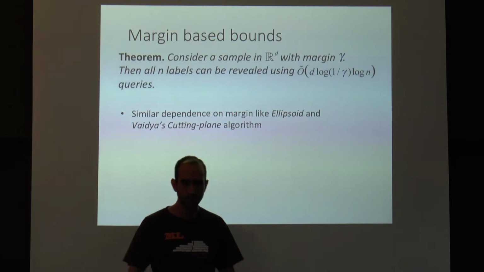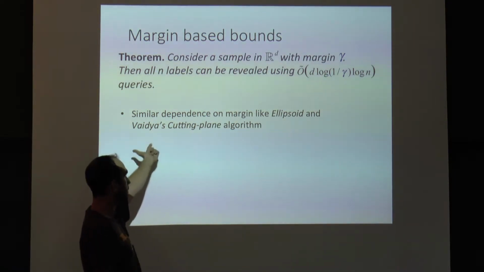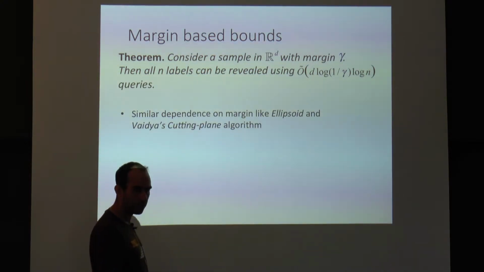But anyways, it gives a similar dependence. There is actually no algorithm that is independent of the margin at all. No, the perceptron, right? On the dimension, it's... There is some conjecture, I forget, about a strongly polynomial algorithm for linear programming. It's equivalent to this. Okay. I see.